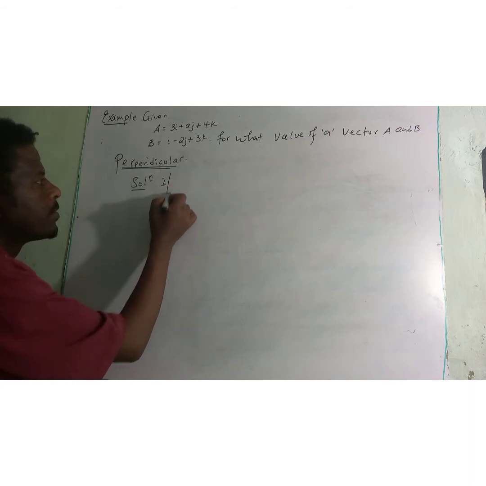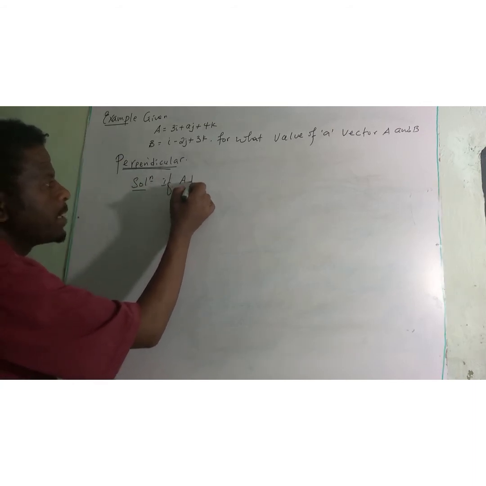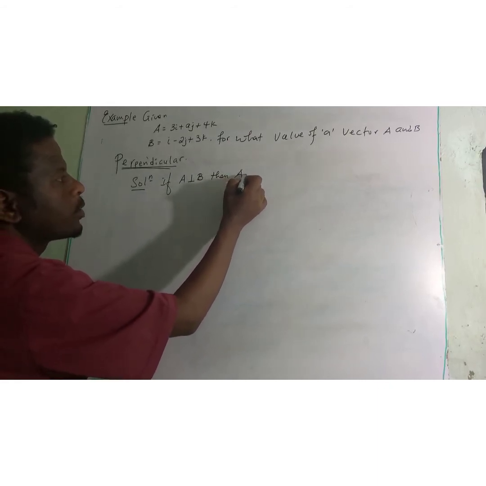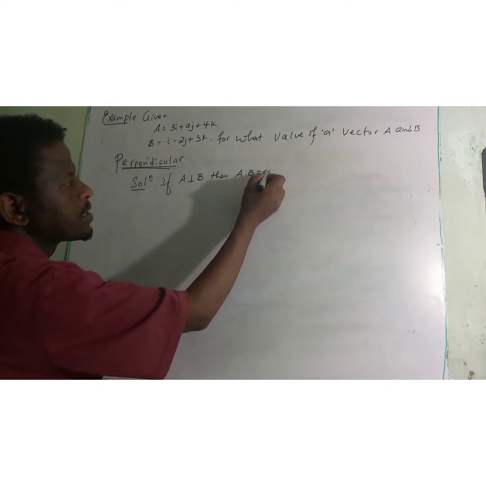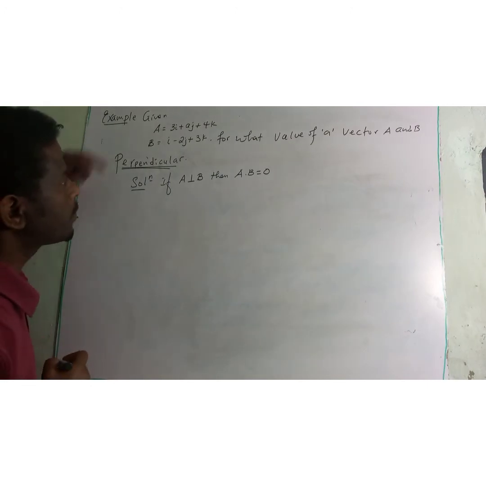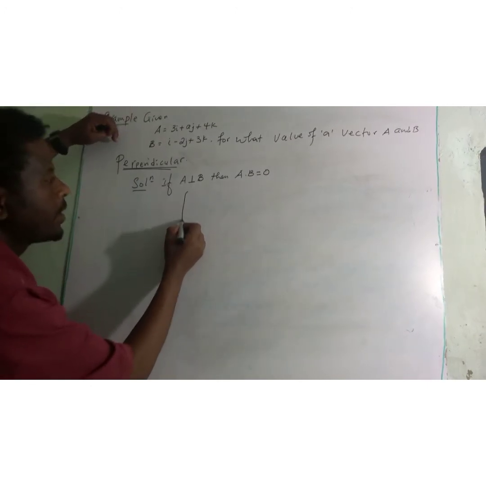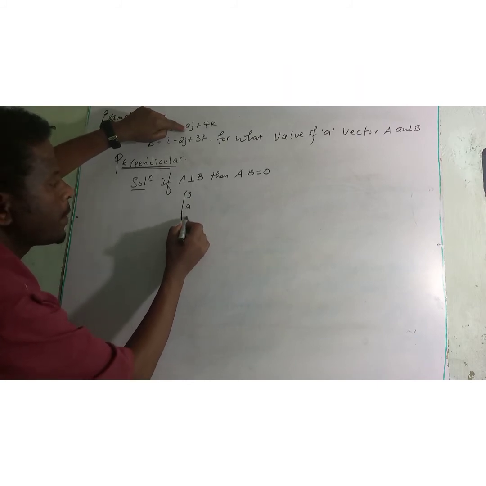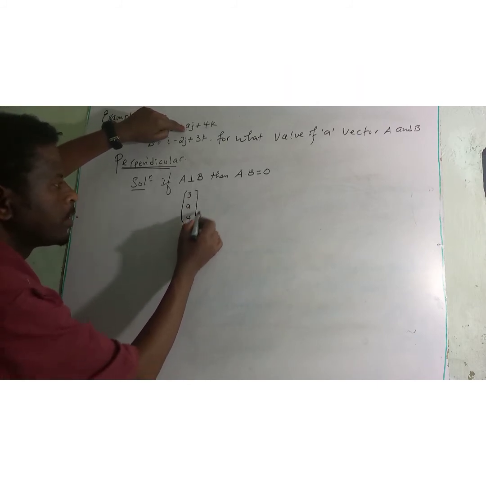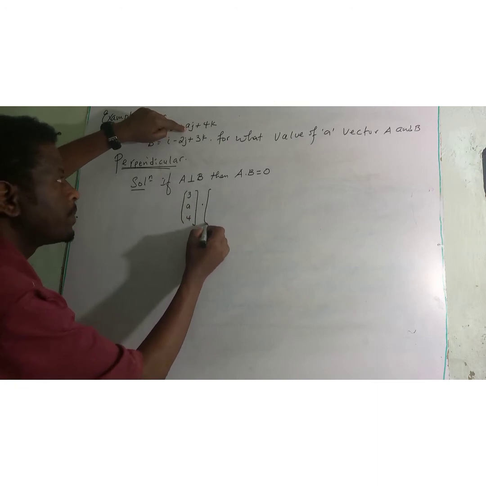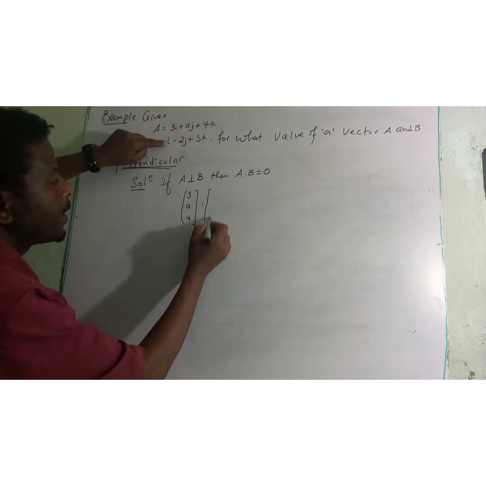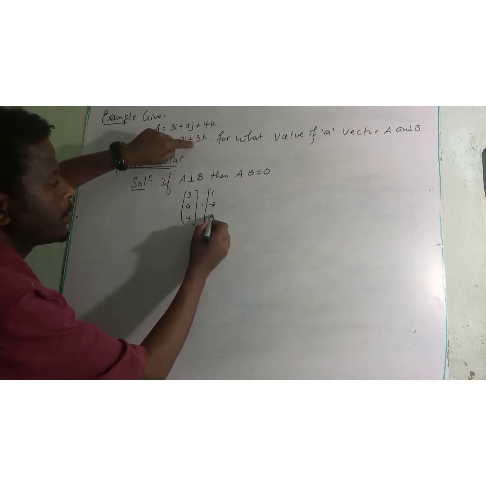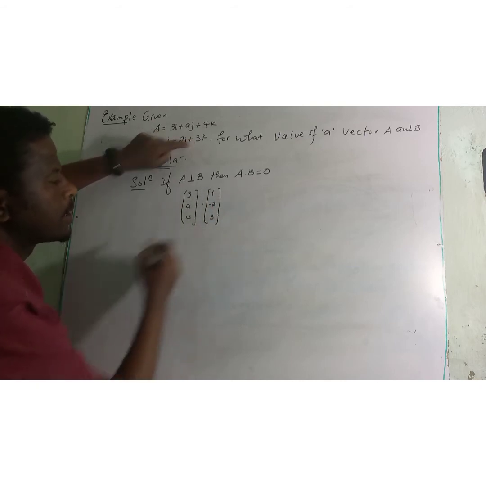solution: if A is perpendicular with B, then A dot B equals 0. From this, 3, a, and 4 dot with vector B, the component of i, which is 1, minus 2, and here you have 3.